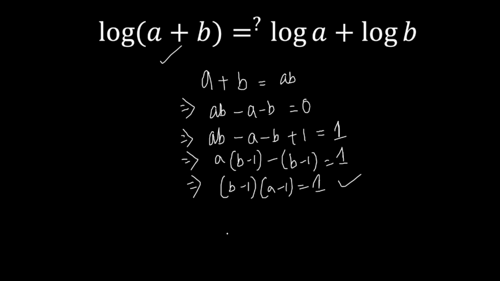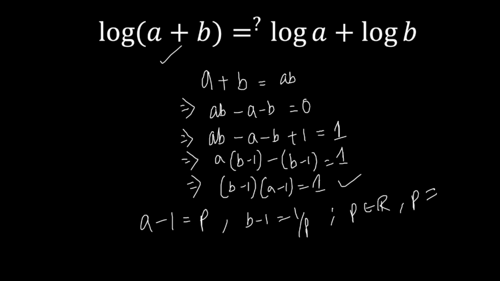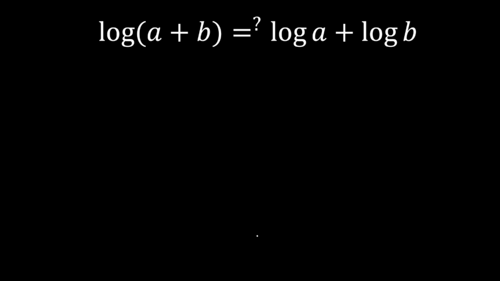Now, let's assume that a and b are real. In that case, we can generate infinitely many solutions using the following setup. a minus 1 equals p, and b minus 1 equals 1 by p, where p is a real number and p does not equal 0. With this setup, a minus 1 is p and b minus 1 is 1 upon p.